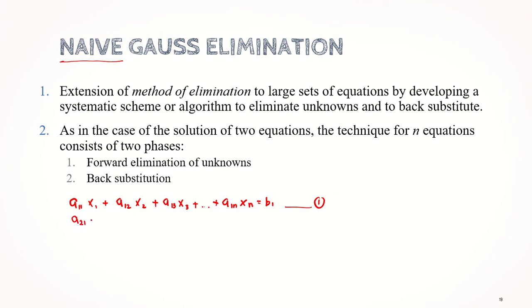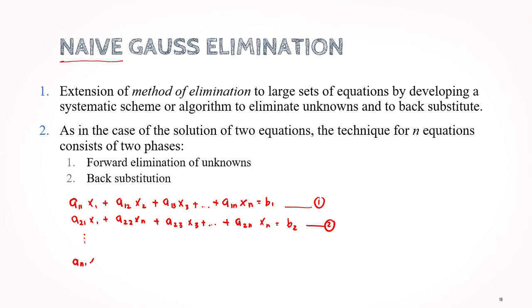Then a21 x1 plus dot dot dot, xn equals b2. So this is the second equation.